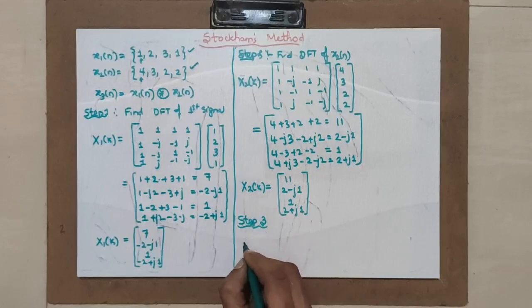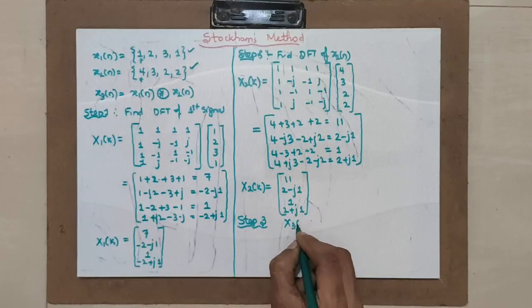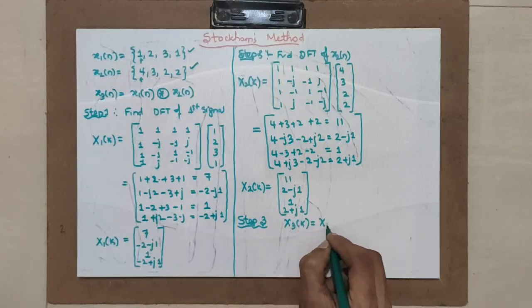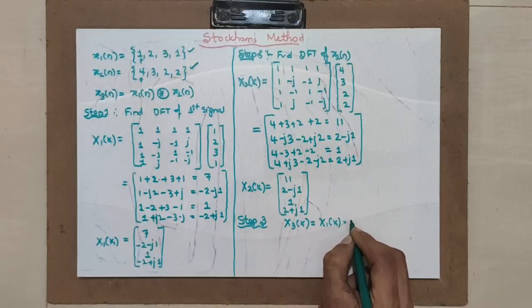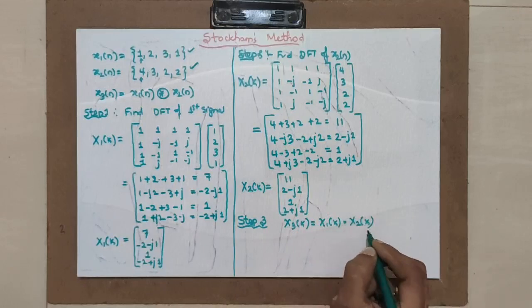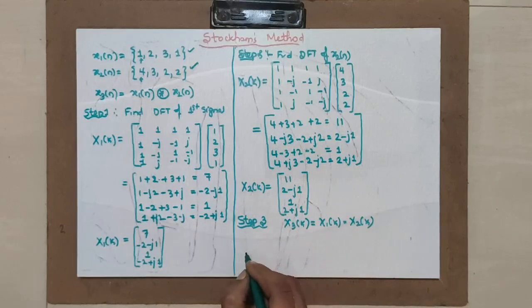Step 3 is obtaining X3(k), which is X1(k) multiplied by X2(k), correct? Both I have to multiply.